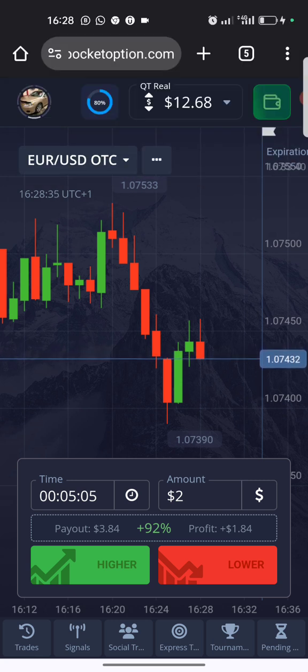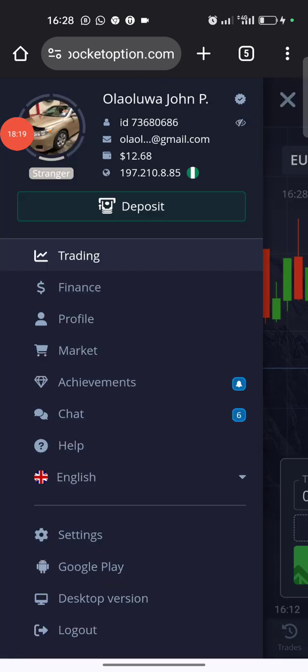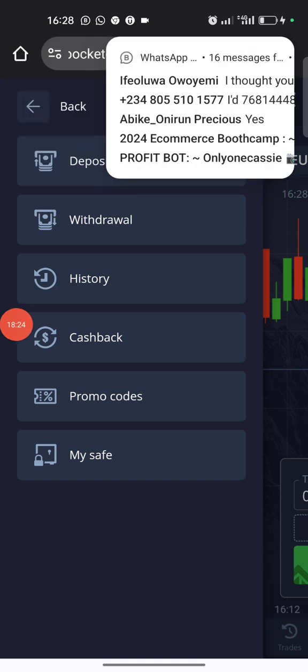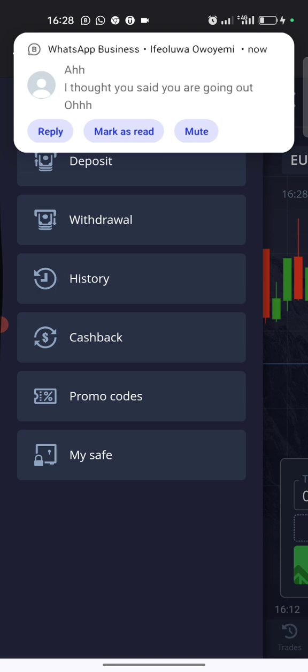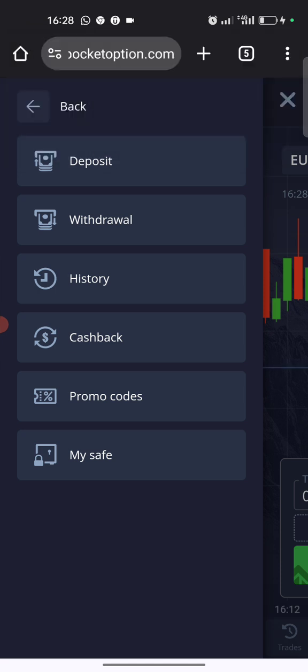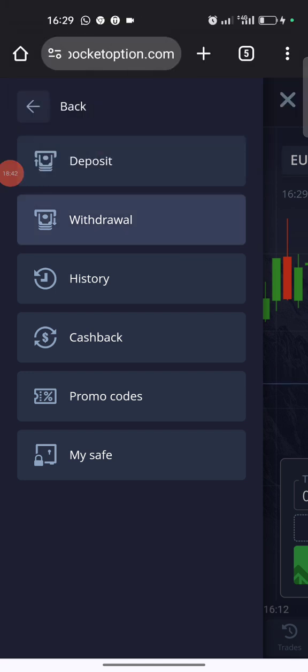All you have to do is click on your edge on this place on your dashboard. Just click on it and click on finance. This is finance here. After clicking on it, then go ahead and click on withdrawal. You can see your withdrawal here. Make your deposit here and make your withdrawal at the other side. Okay, so I think that's it on that.